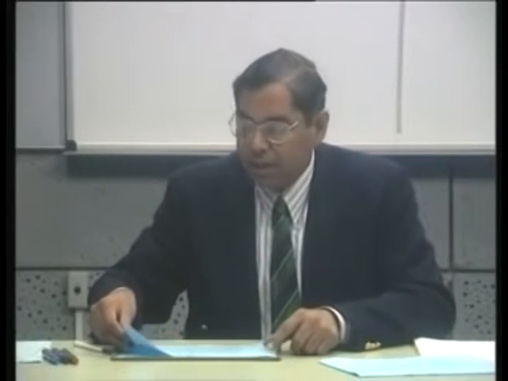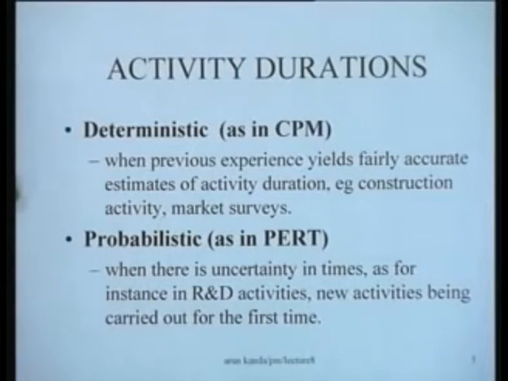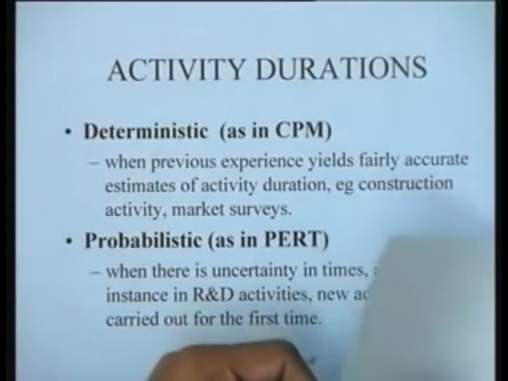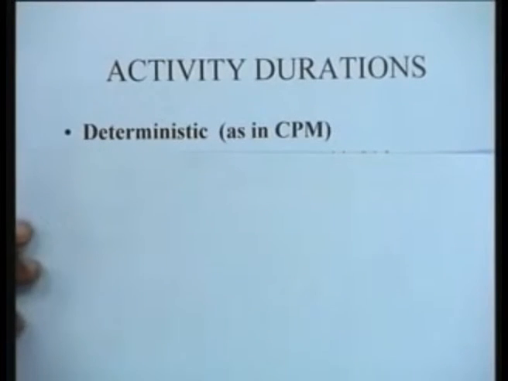Then one has to be careful about the kind of representation that is used for various activities in the project network. Typically, activity durations can be either deterministic, which is true in critical path methods or CPM.